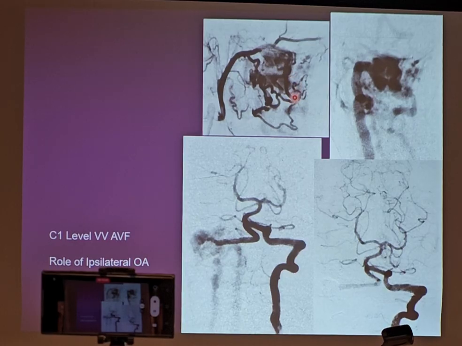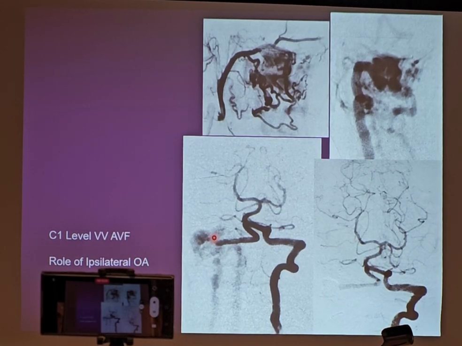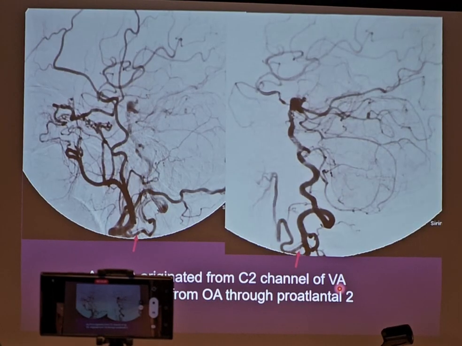By doing the injection of all the possibilities of this connection of the shunting high flow lesion to see all the connections at two levels, you better see where is the real fistula and how to close the fistula completely.